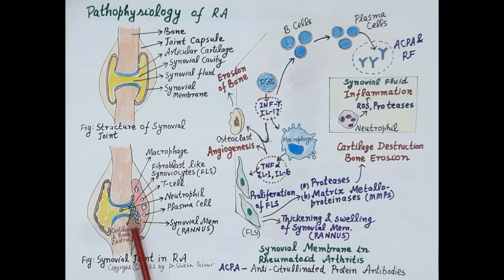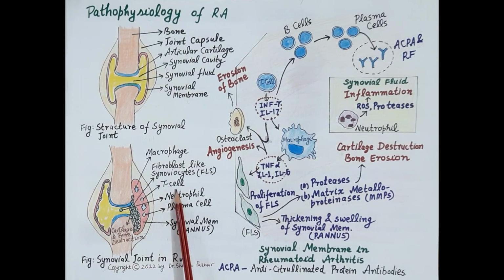Now this diagram shows thickened synovial membrane. So this is the thick inflamed synovial membrane in rheumatoid arthritis. Now in rheumatoid arthritis, immune cells like macrophages, T cells, plasma cells infiltrate and reach the synovial membrane, while neutrophils are seen in the synovial fluid.